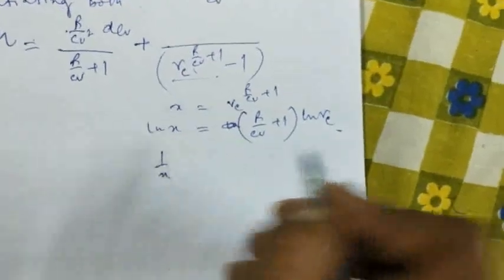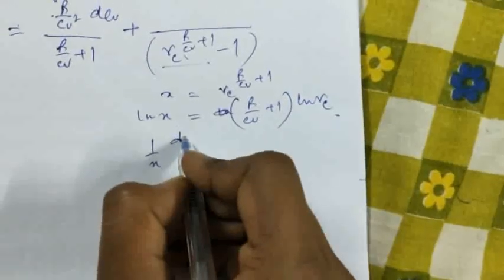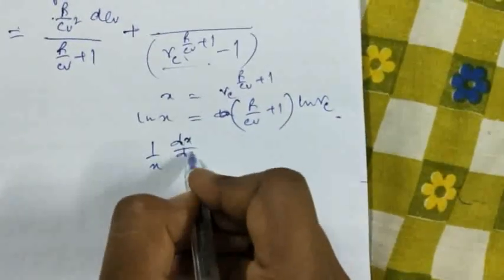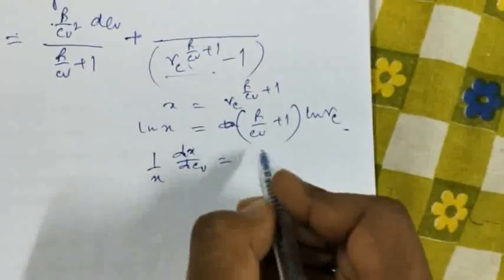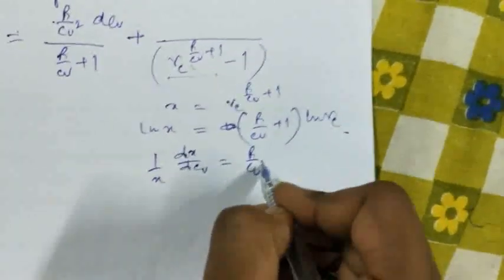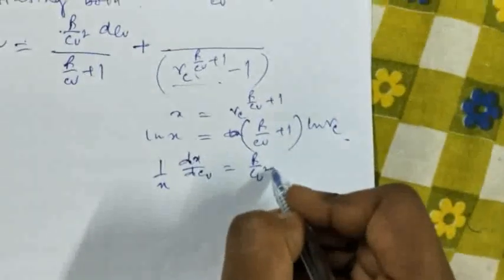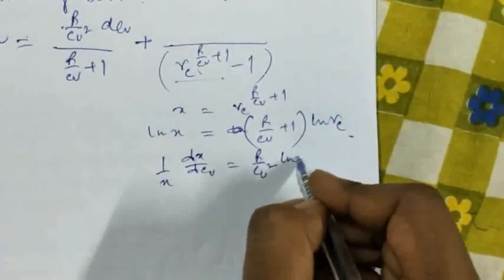Then 1 by x dx by d of Cv will be equal to the differentiation of this, which is R by Cv squared, R by Cv squared, ln rc.